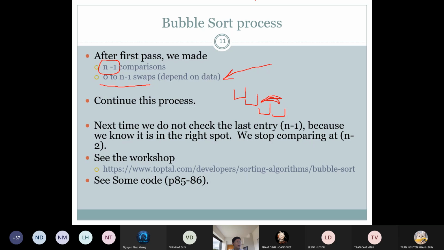That means that after we run the first iteration through the array, I need to do n-1 swaps. Here, after the first pass, we meet n-1 swaps.